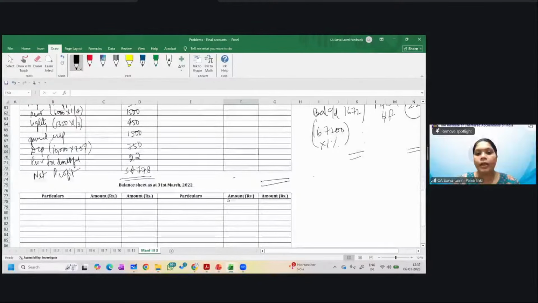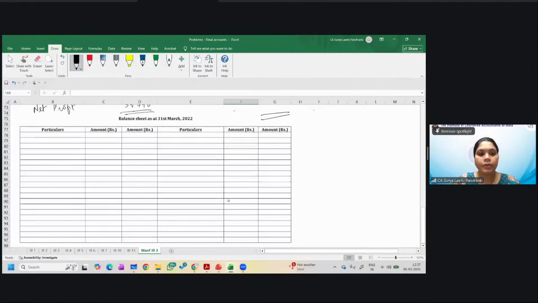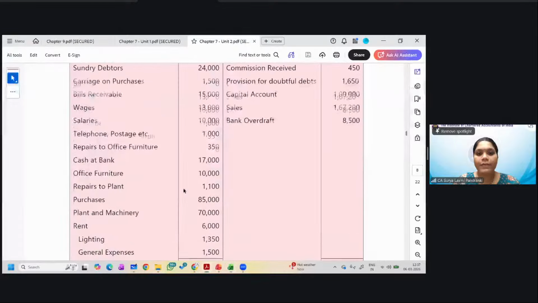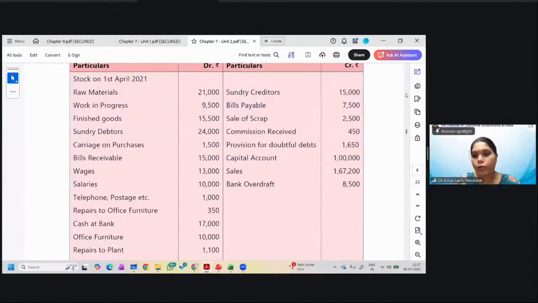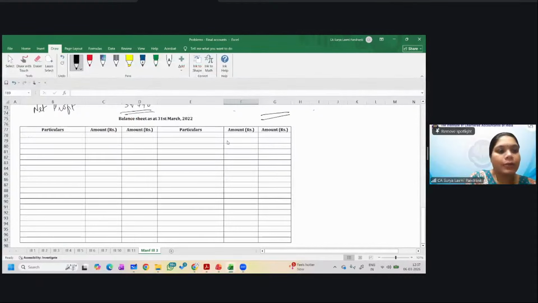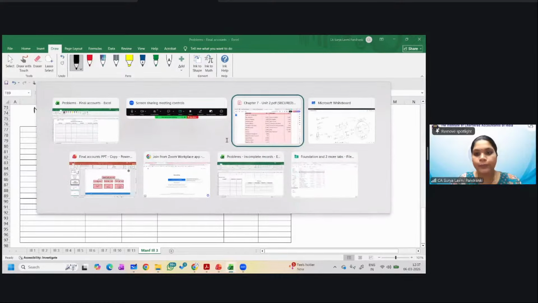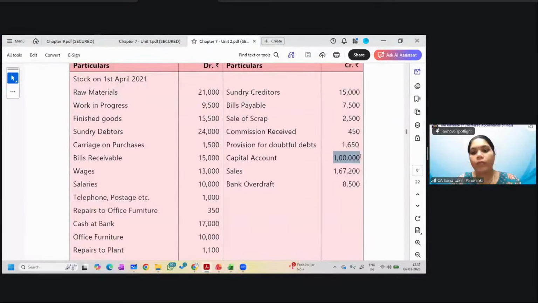Done. I'm moving on to the balance sheet. Now, balance sheet, whatever items are left in the trial balance, it will almost go to your balance sheet, right? So let's do one by one. Now, first is capital account. Then you add net profit to it. And you remove drawings. What is the capital value? 1 lakh.